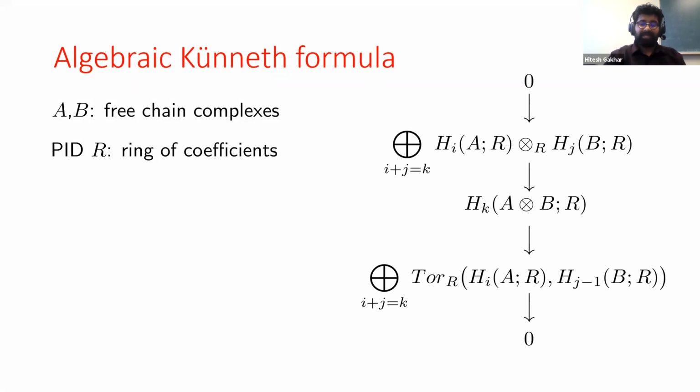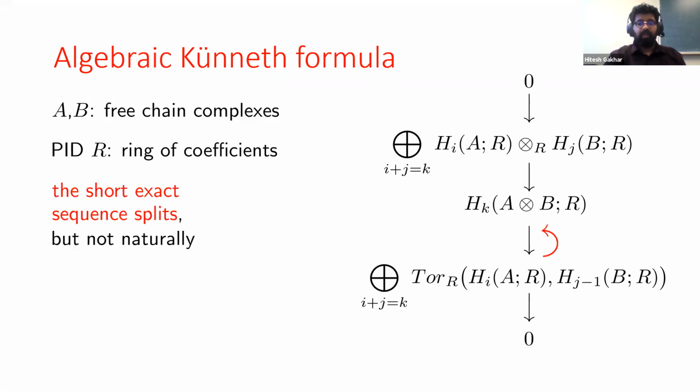The short exact sequence is natural, and it actually splits. But do note that the splitting itself isn't natural. So in other words, we can write this middle term, the homology of the tensor, as an isomorphic sum of the tensor of the homology and the Tor of the homology.